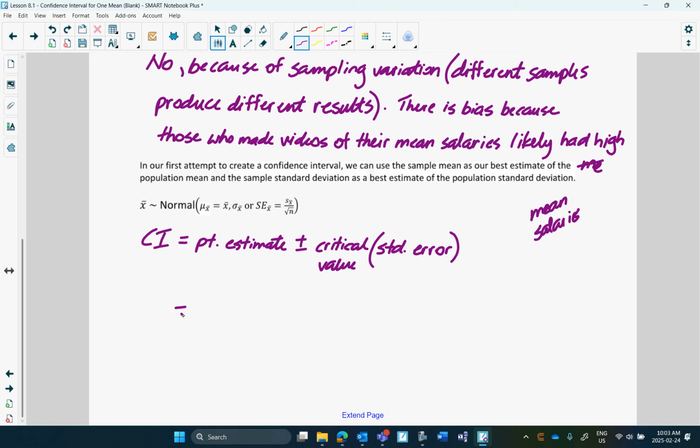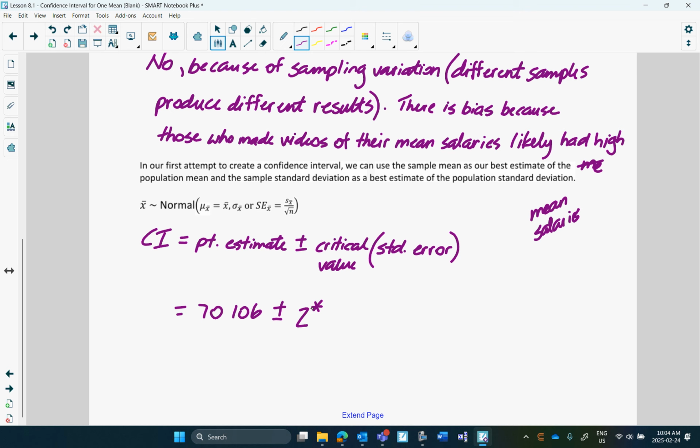So what's our point estimate? Well, the only thing we have to use is the average from our sample, right? So it would be 70,106, plus or minus, and remember we called it Z star. That was the number of standard errors away from the mean, dictated by the confidence level. If it was 95%, we had 1.96.